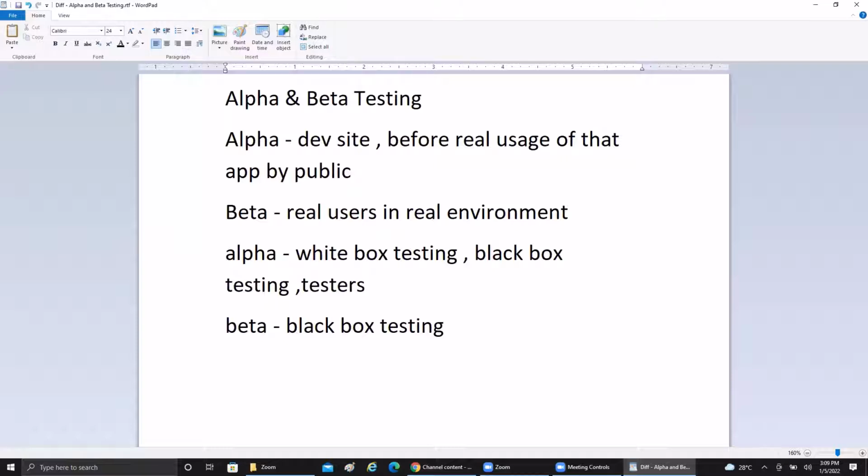Whereas beta testing will be performed by client side people, that is, the owners of that application, who requested that application to be designed, but they are not part of the organization where the testers and developers belong.